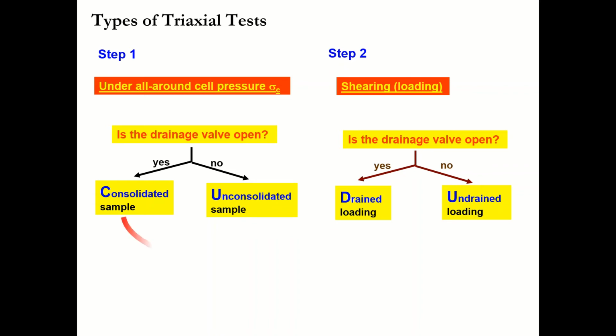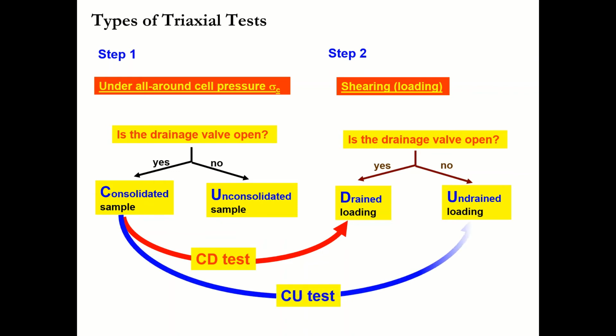Depending on that we can classify the triaxial test into 3 groups. One is the consolidated drained case, that means our drainage valve was kept open during both the consolidation and loading phases. The second one is the consolidated undrained case, that means the drainage valve was open during the consolidation phase but was closed during the loading phase.